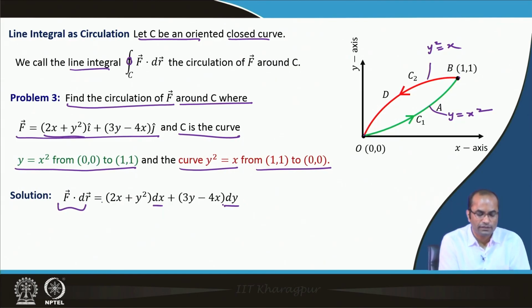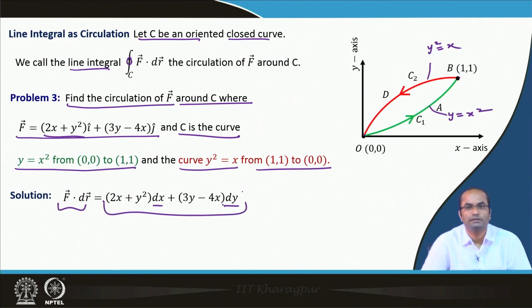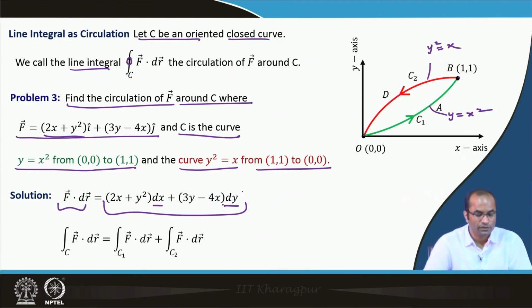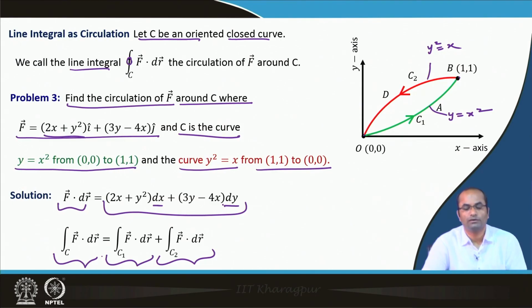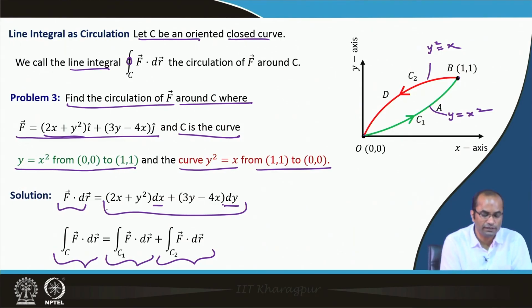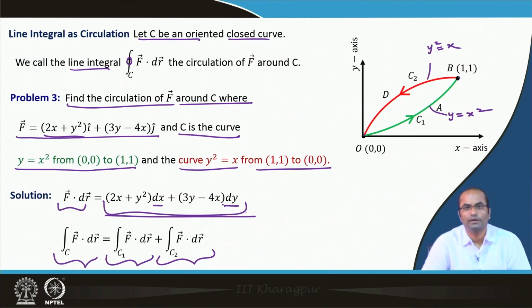So, this f dot dr we can have in component form as 2x plus y square dx and so on. This line integral we can break into two line integrals: f dot dr over C1 and f dot dr over C2, where f dot dr is given by this component. In this case also we do not have to write the parametric equation, because there are two separate curves, two different parabolas.